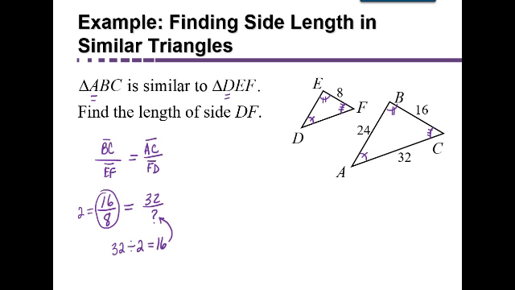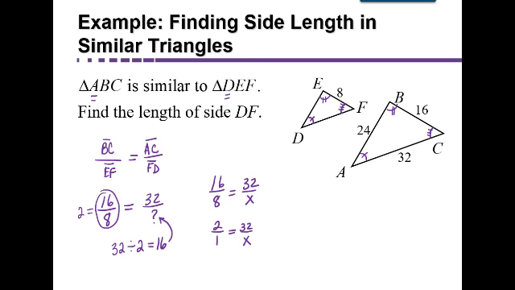You can also set up an equation. 16 over 8 equals 32 over x. If you want to, you can reduce this to 2 over 1, or you can leave it the same. I like to reduce because that gives me smaller numbers to work with. And then there's a little trick for solving.